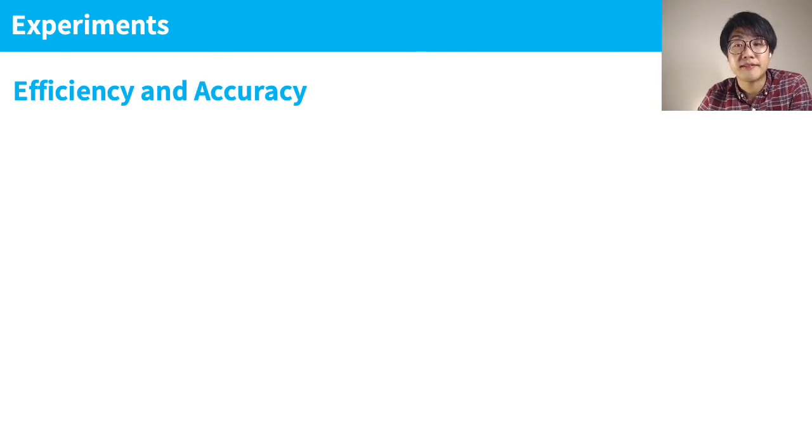Now, in order to validate our minimum sharpness, we conducted several numerical experiments. Our first experiment is about efficiency and accuracy compared with the ground truth. Here, the ground truth is the naive computation of the second-order derivatives. We used a fully connected neural network and a convolutional neural network as examples.